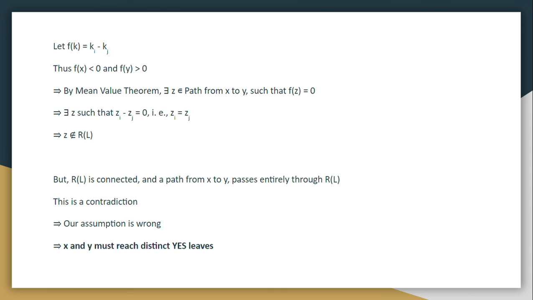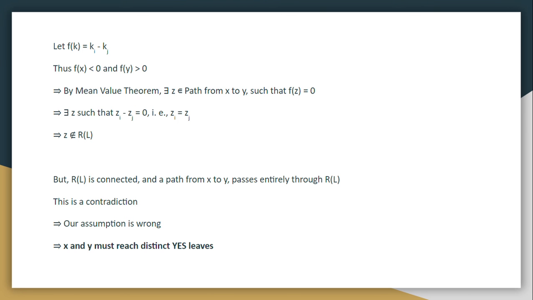So this assumption is wrong, which means that X and Y, to reiterate, two different permutations of the same set of elements, must reach distinct yes leaves. This is again a very important result.